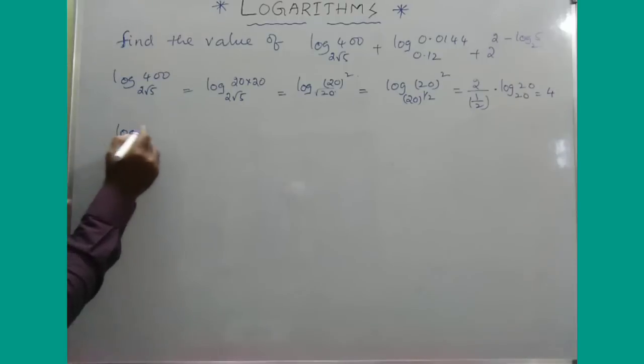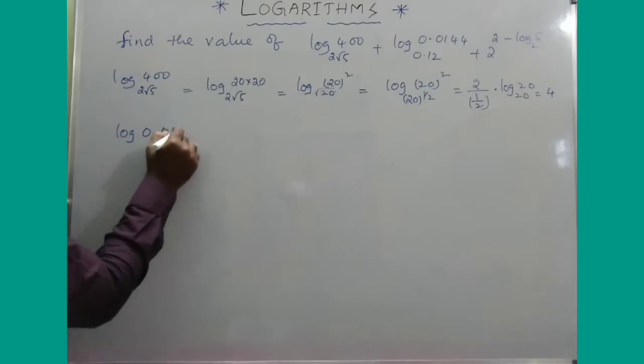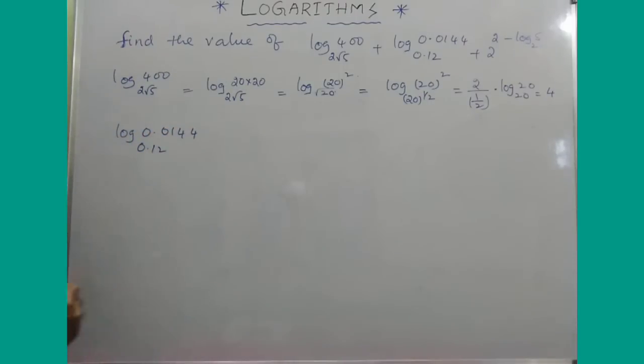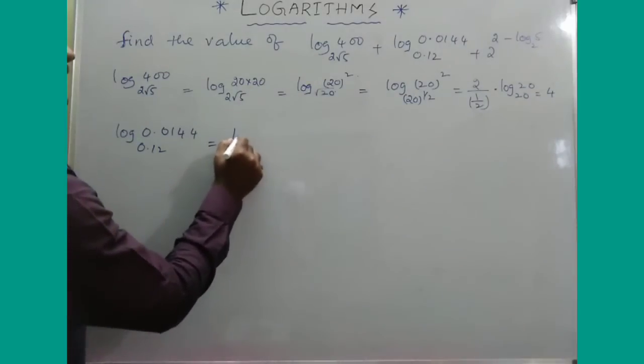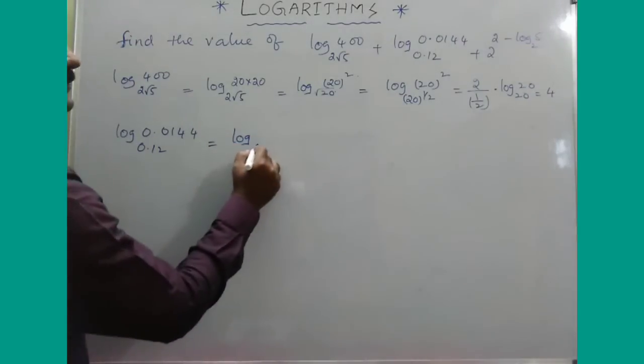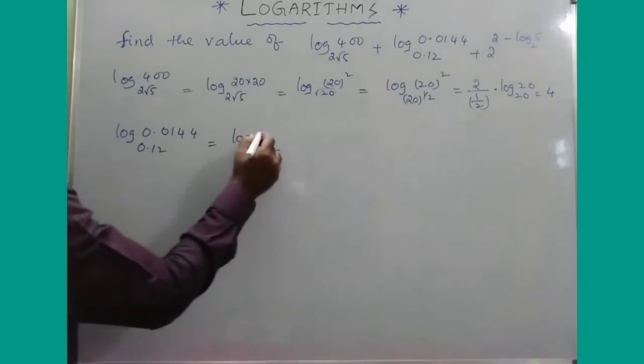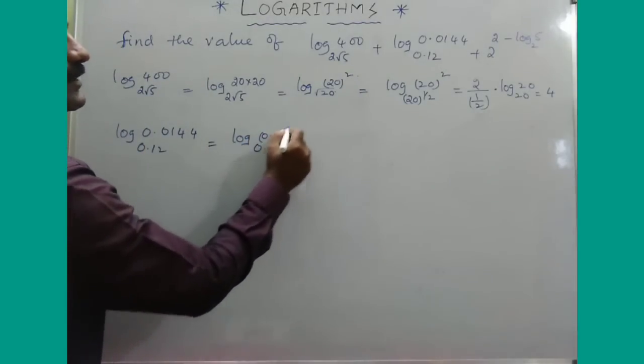Now coming to the next, log 0.0144 to the base 0.12. Anybody, any idea? The base is 0.12. See, can we write 0.12 whole square?